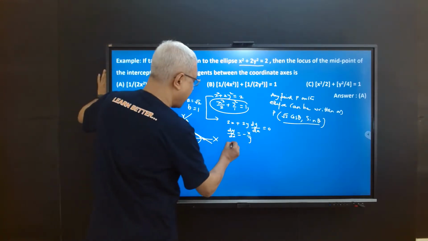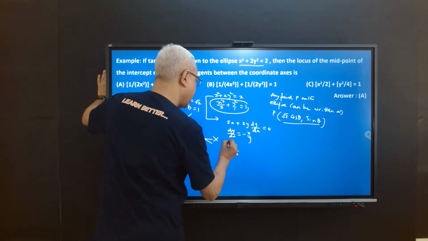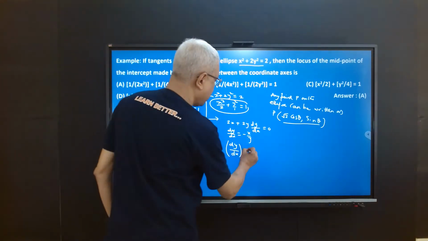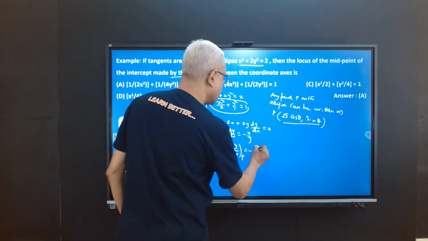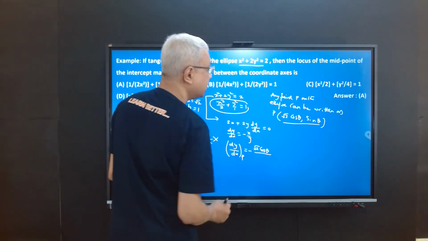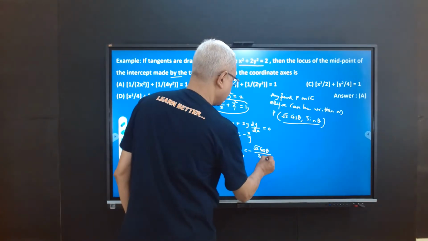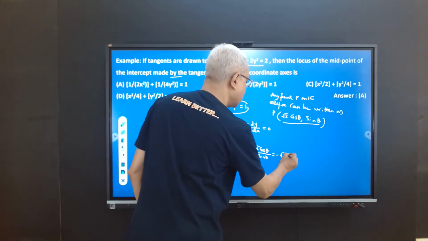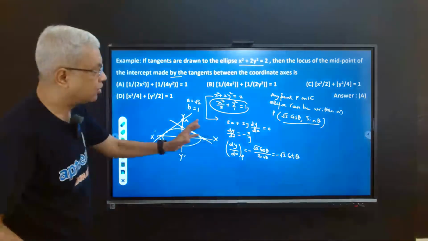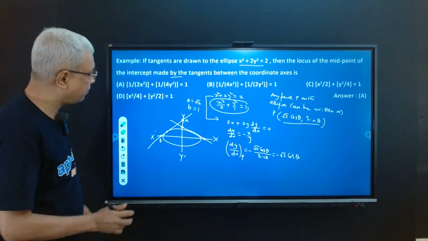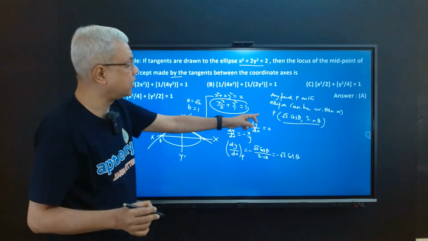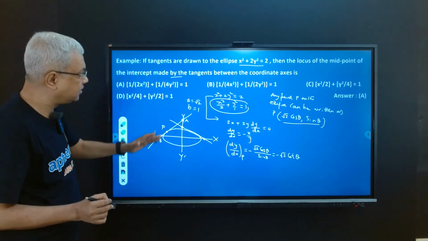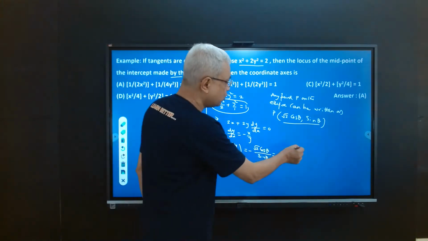So the value of dy by dx at the point P is minus x by y, so I can write minus root 2 cos theta divided by sin theta. So it is minus root 2 cot theta. So if I draw a tangent at the point P whose coordinate is (root 2 cos theta, sin theta), then the gradient of the tangent drawn at the point P will be minus root 2 cot theta.